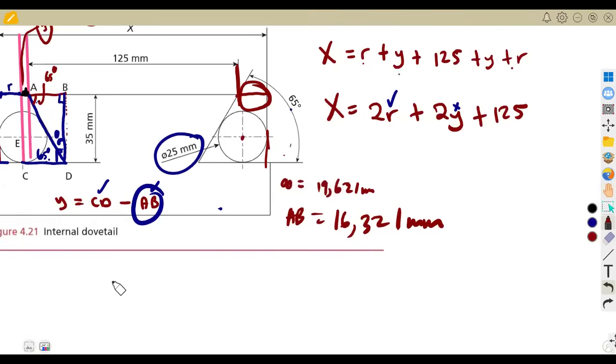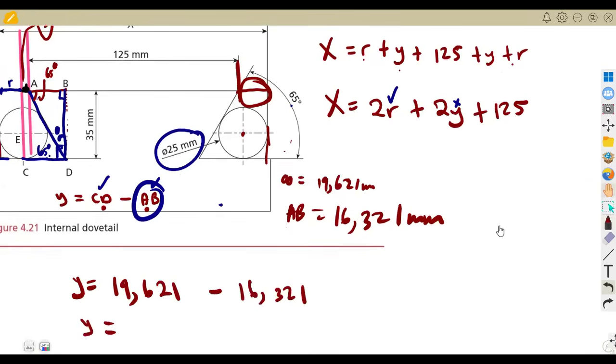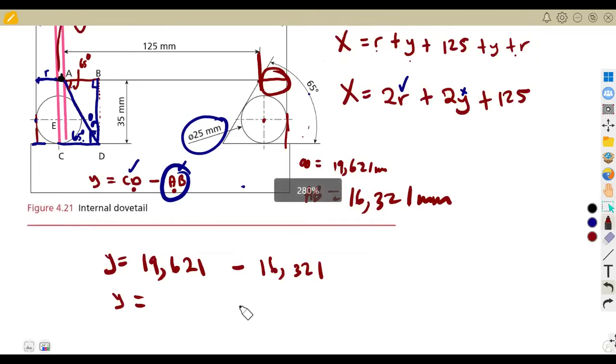By doing this, I'm done. So Y is equal to CD minus AB: 19.621 minus 16.321. That gives us the value of Y, a very small value, approximately 3.3 millimeters.